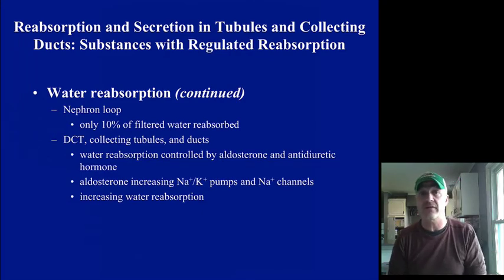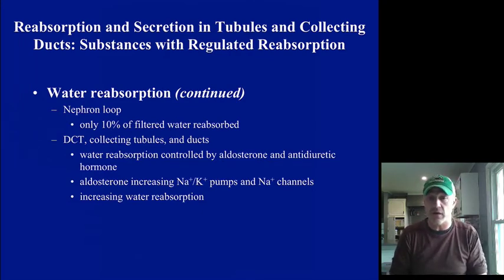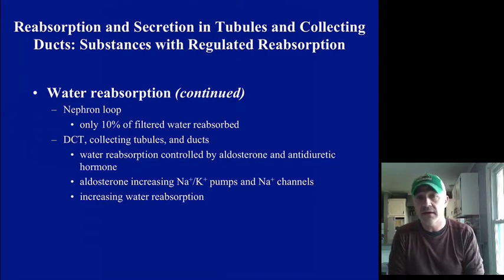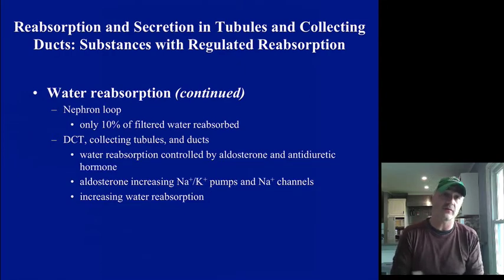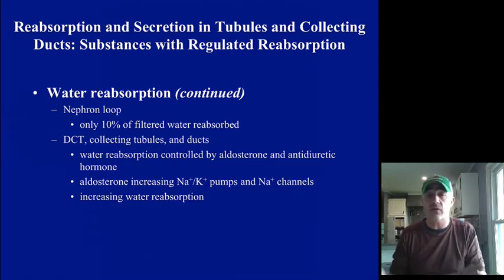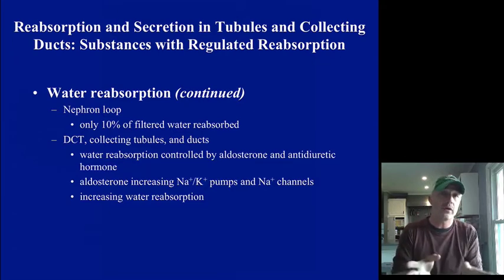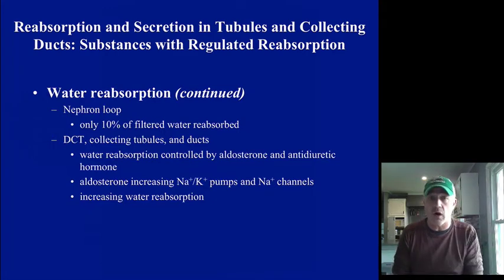It's not a large amount of the water, but it helps us get some more of it back out. Then when we get to the distal convoluted tubule and collecting ducts, due to the changes in those sodium gradients, if we have aquaporins present due to aldosterone or antidiuretic hormone, we can reabsorb even more water there when those signals are present.